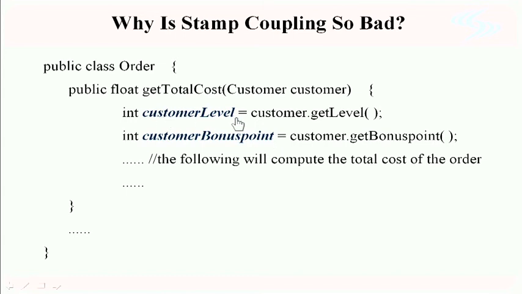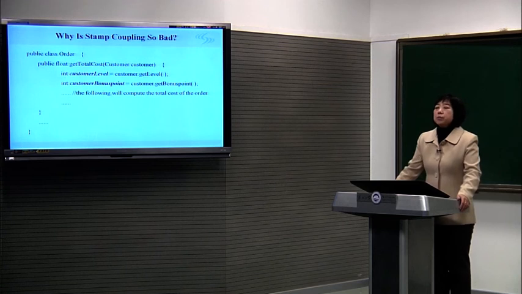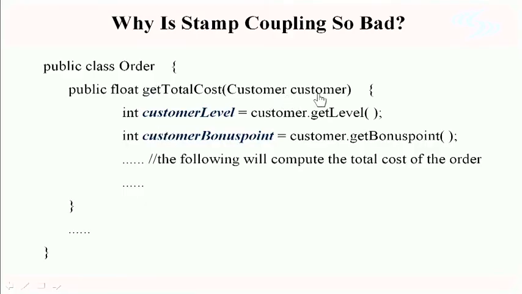So the customer level and the customer bonus point are used for the following calculation. So actually you can see that only two data items are needed from the data structure, and the other part of the data structure won't be used. So you can see that more than enough data is passed as a parameter, and this is called stamp coupling.